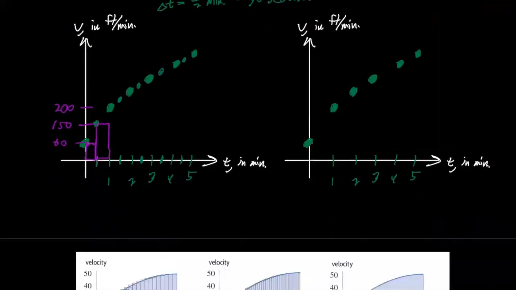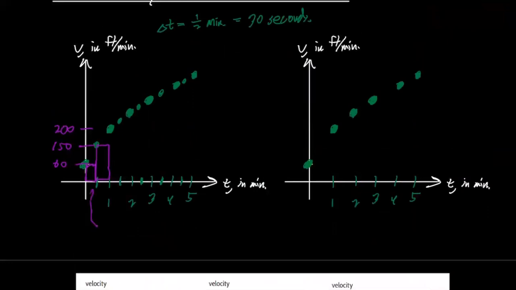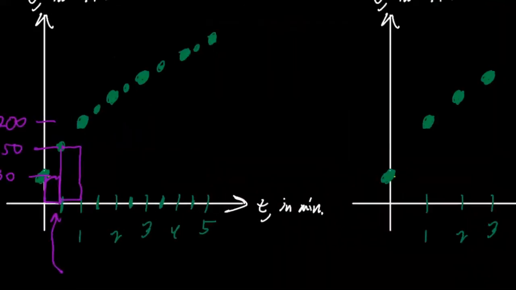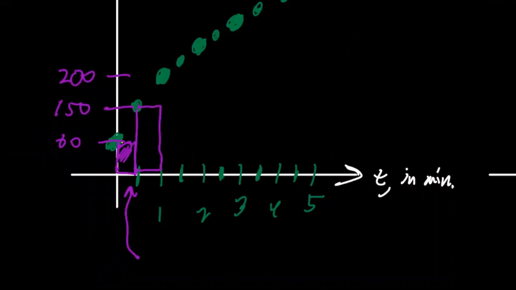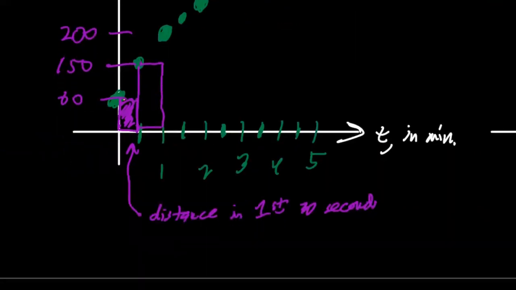So the very first rectangle here would have delta t equal to 0.5. Let me zoom in on it. The rectangle right here would be the estimate for the distance traveled in the first half minute, the first 30 seconds. What would it be?